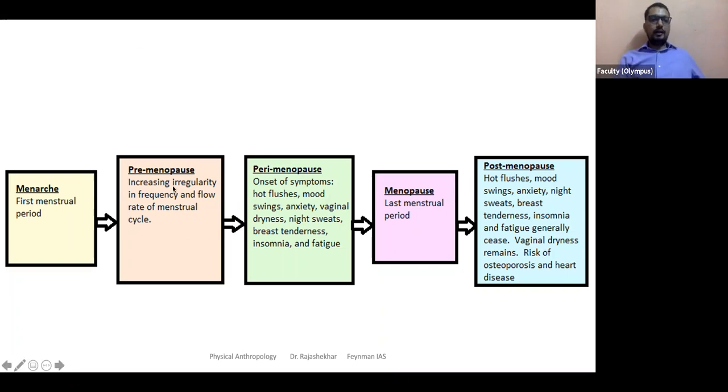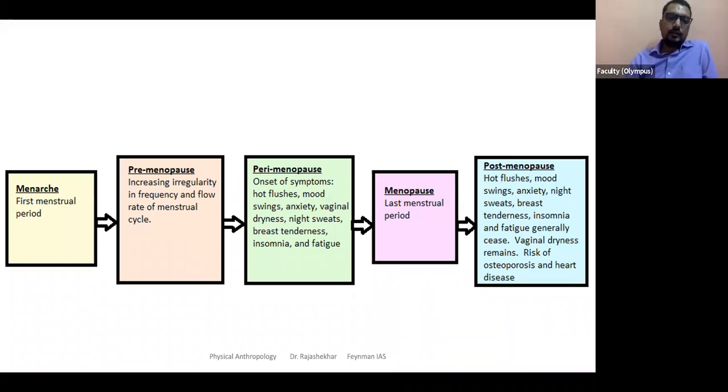Increasing irregularity and frequency of the flow of the menstrual cycle. Bleeding may not happen at the 28 day period, it may happen in 15 days, later, earlier, a lot of fluctuations can be seen. Not only the frequency, but also the flow rate would change. This indicates that someone is reaching the menopause stage.